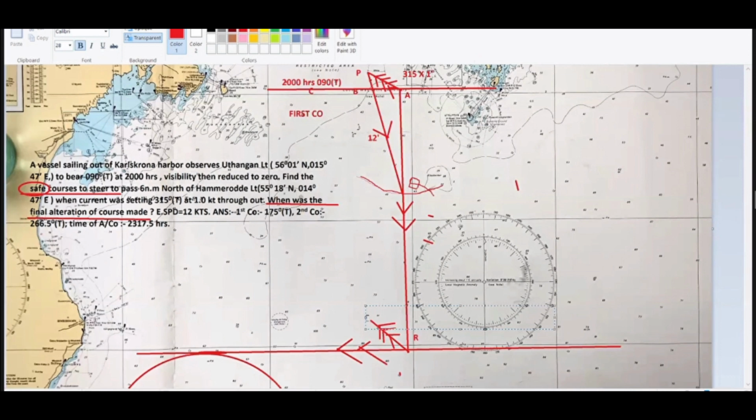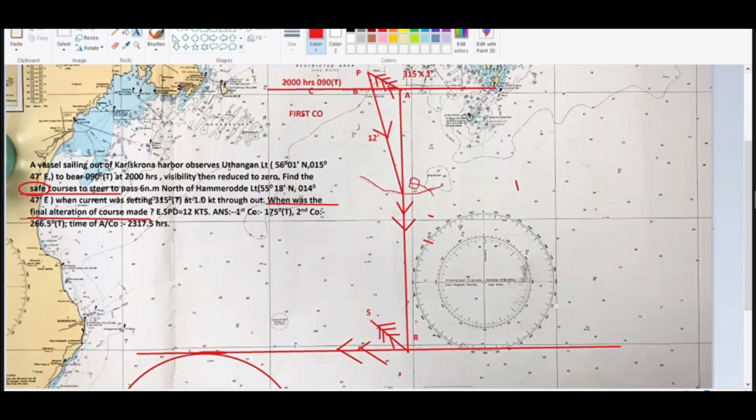First CMG was 90 plus 90, means 180. The perpendicular we have drawn, the first course made good was 180. They are not asking course made good, they are asking what course you should steer. Your first CMG.